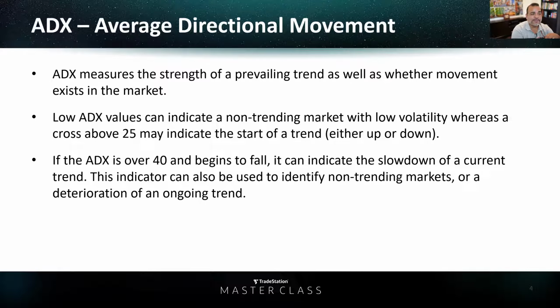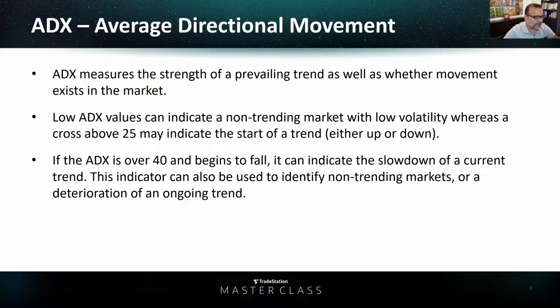The same thing happens if the readings are high, because it's trending pretty rapidly. But if you see that ADX turning down, that could be an indication that the trend has lost steam and is ready to give up and maybe go into a consolidation pattern.